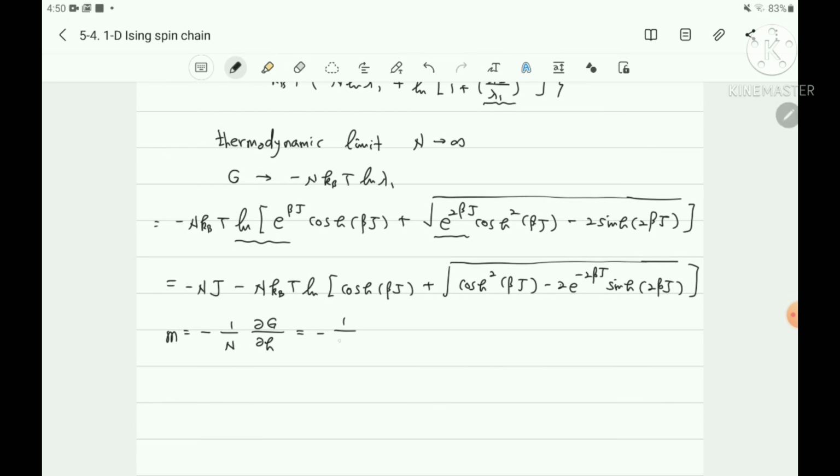Here we can write down lambda 1, and partial lambda 1 over partial h, partial g over partial lambda 1.